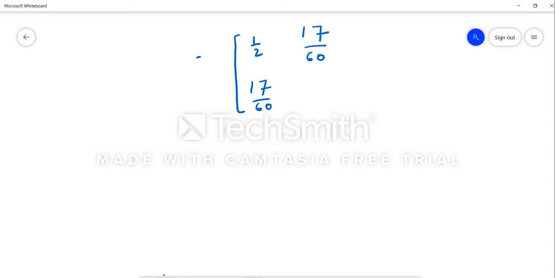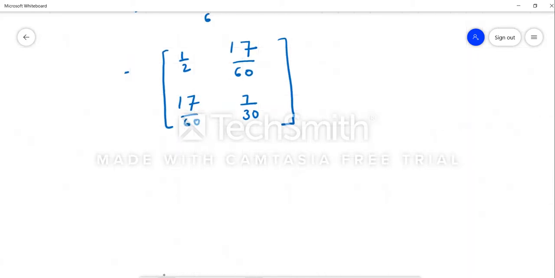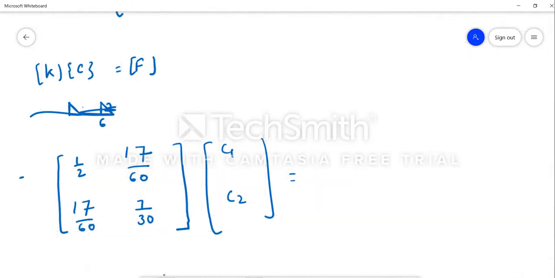This is multiplied by C1, C2, and the force vector values were 1 by 6 and 1 by 12.